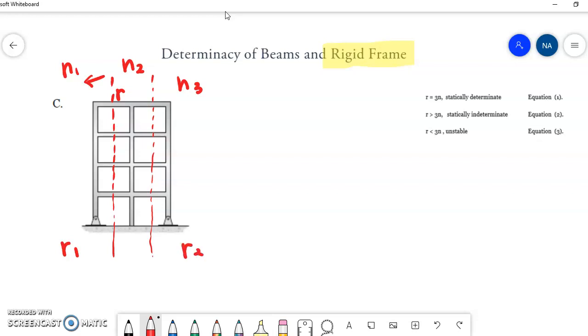Then I start from the bottom, so R3, R4, R5, R6, R7, R8, R9, R10.